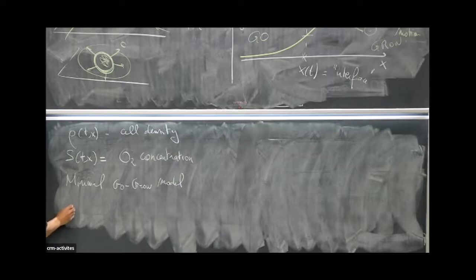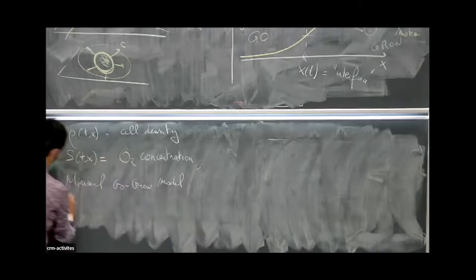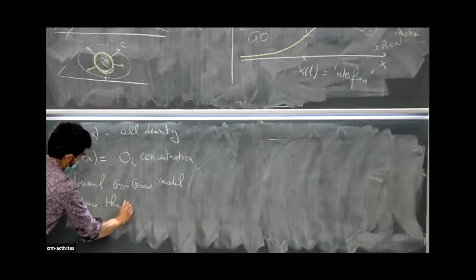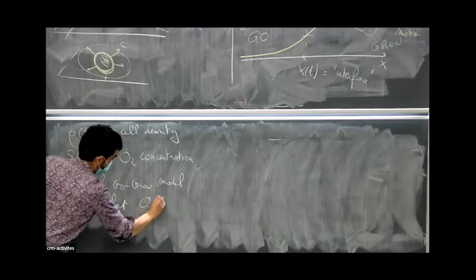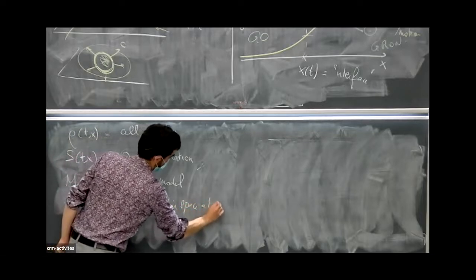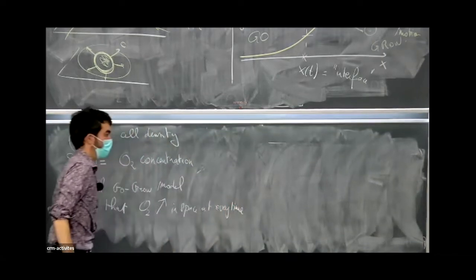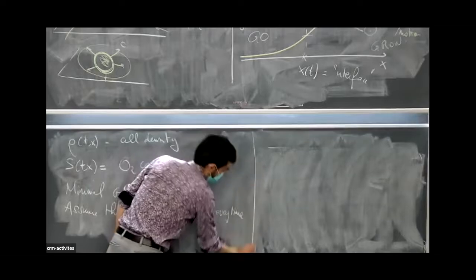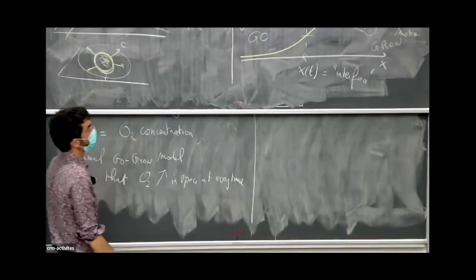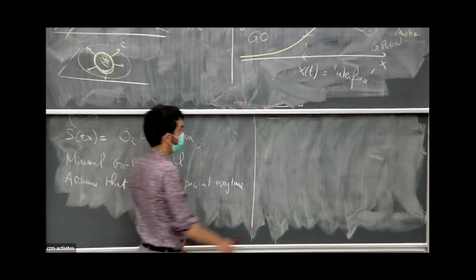Let me write it. I assume that oxygen is increasing in space at every time, which corresponds to my picture, which is, of course, a strong reduction of complexity, but let's take it for granted.